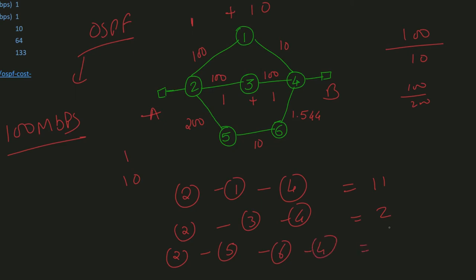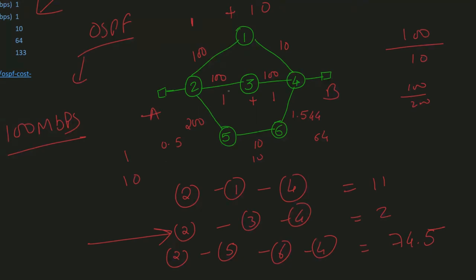This route will have a cost of 0.5, then this will be 10, and this will be 64. You can see the reference bandwidth on this table here. So 64 plus 10 will be 74, and 74.5. The lowest cost will be chosen. So this route will be chosen for OSPF, which will be A to 2 to 3 to 4 to B.